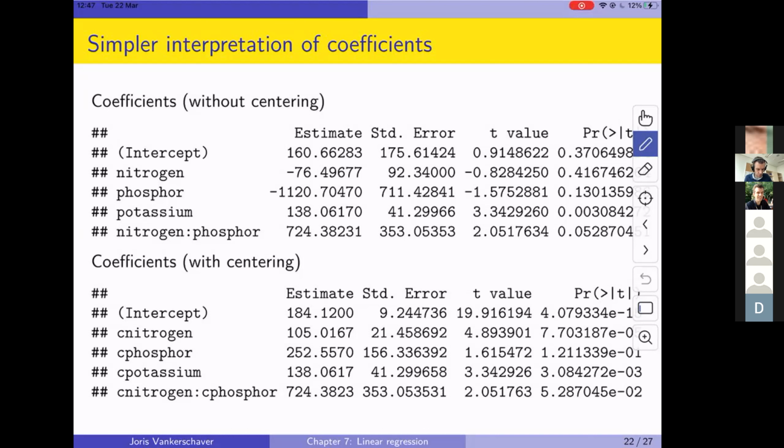One thing to point out here, in terms of the coefficients, is a couple of things we can see. In particular, look at this phosphor term. The estimate has changed quite a bit.